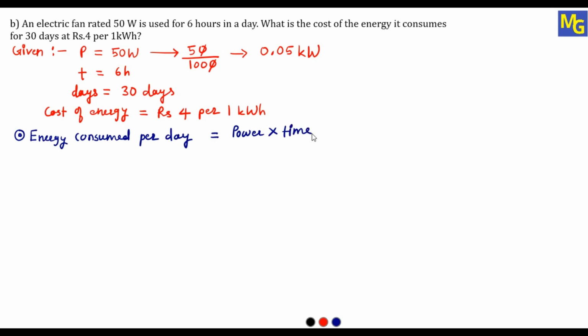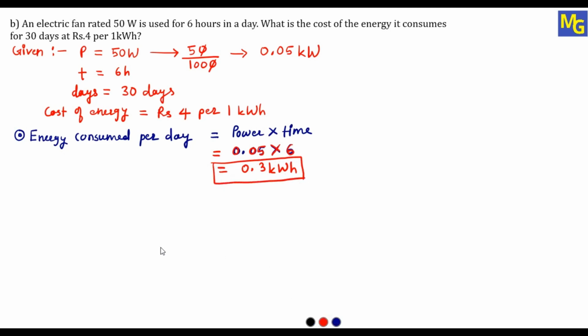So what is the power? Now we have converted 0.05, into what is the time? 6 hours. So write down this in a red color, into 6, so that you will not get confused. And now when you multiply this, we are going to get 0.3 kilowatt hour. So this we got here, energy consumed per day.